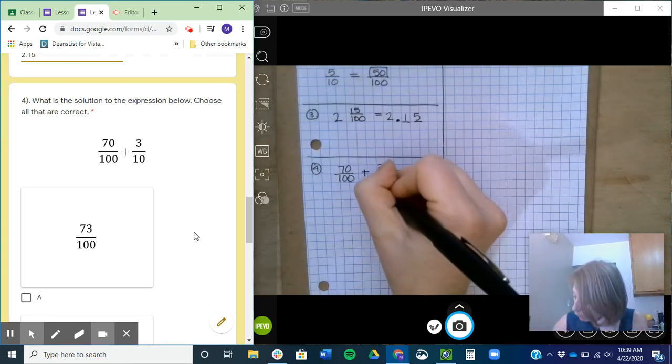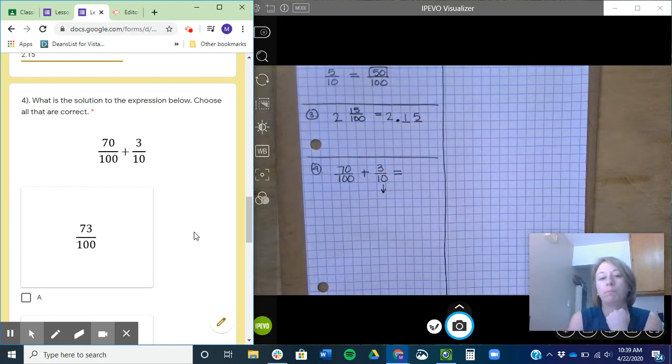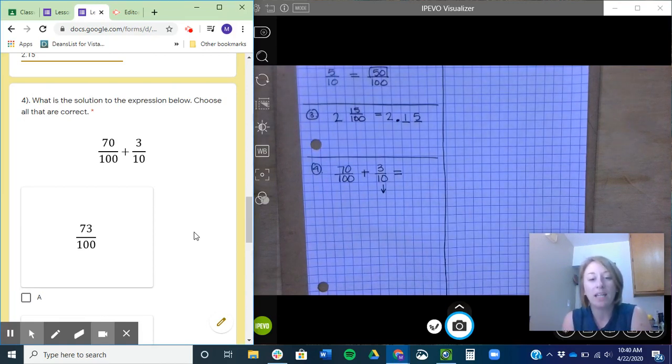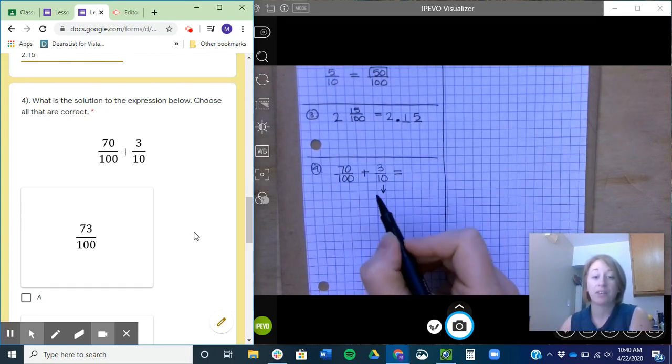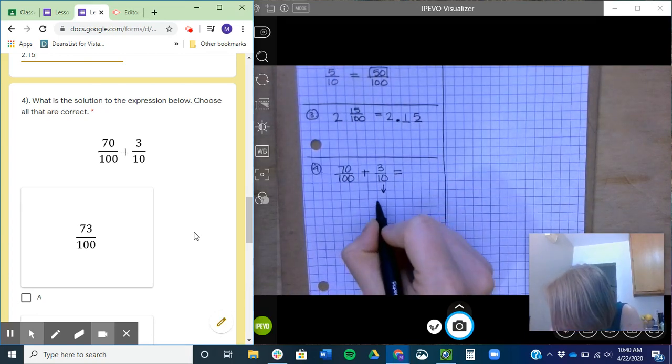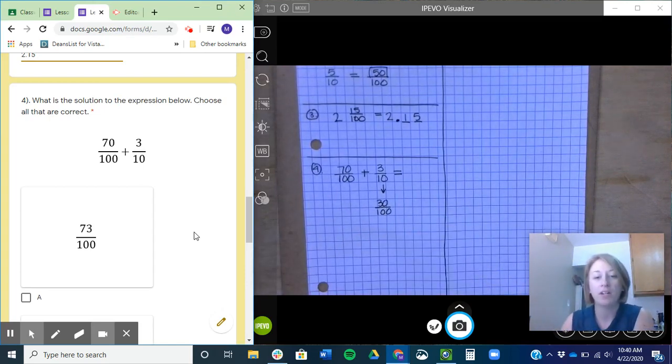Let's start off with the 3 tenths. Since we spent the few other questions practicing tenths and hundredths, how many hundredths is equivalent to 3 tenths? Well, if we know that 5 tenths is equivalent to 50 hundredths, then 3 tenths must be equivalent to, that's right, 30 100ths.